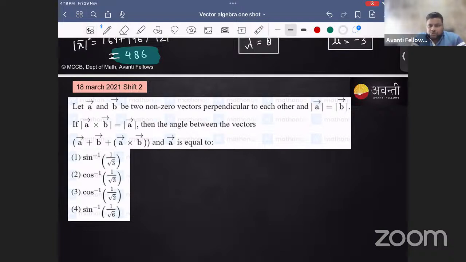All right. Two students marked answer B. May I know who has marked B? Anybody? Who marked B? Bhagat, did you?